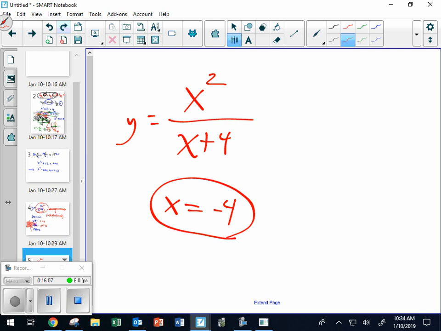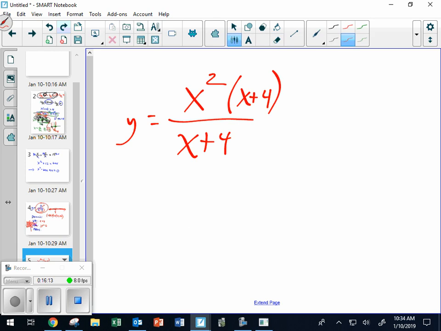All right. And then how about a hole? Do you guys remember when that happens? Something special happens? You get how the thing on the top and the bottom are going to cancel? That makes a hole. What is the number that creates the hole? -4.